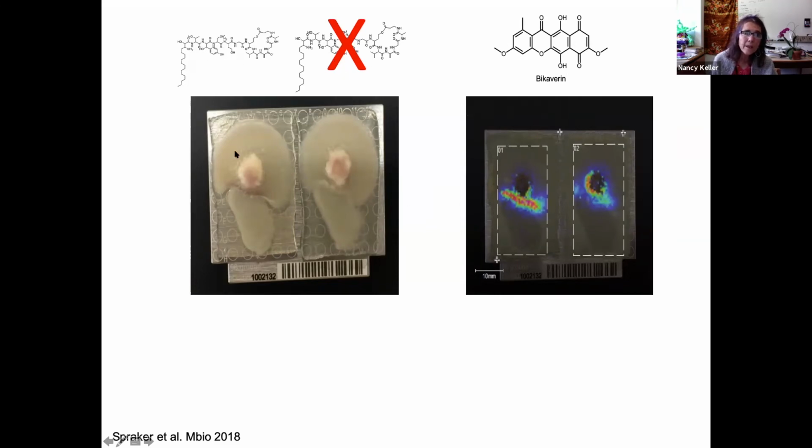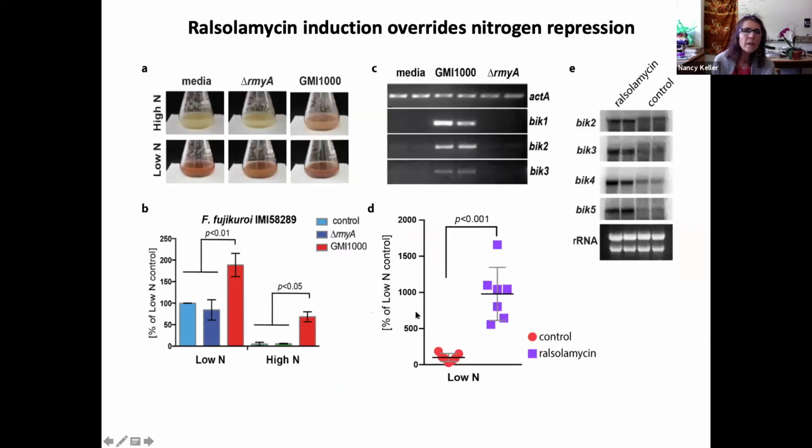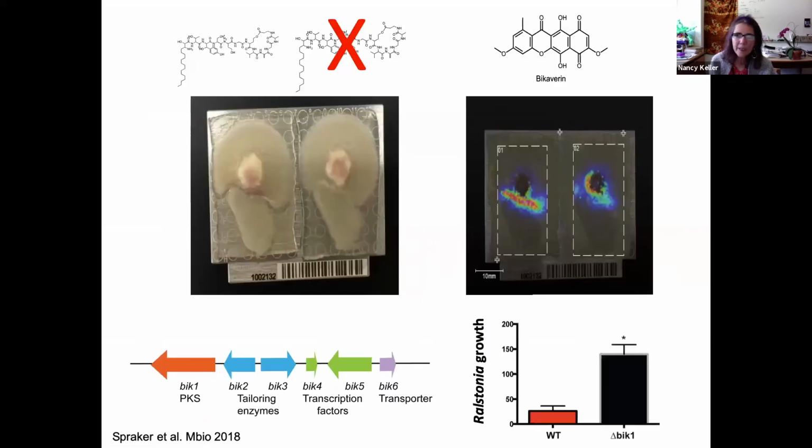You can see here that in this treatment where we have the fungus and the bacterium, the bicaverin is really produced in great amounts right at the edge where the chlamydospores are formed. What we found is that, opposite of Aspergillus, this bicaverin gene cluster is actually induced by ralsolomycin.